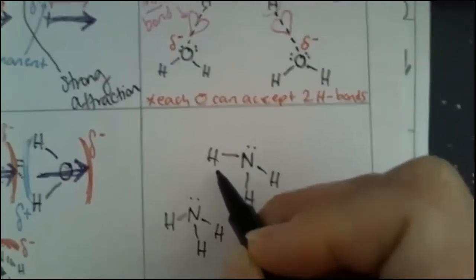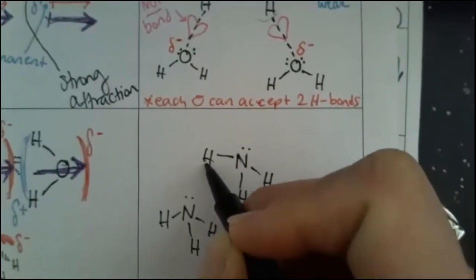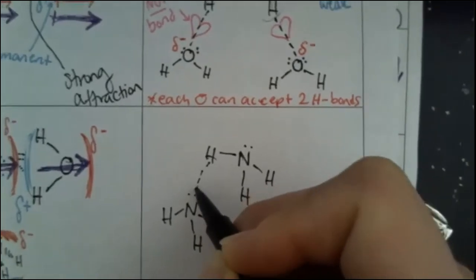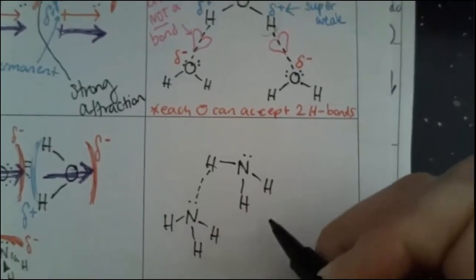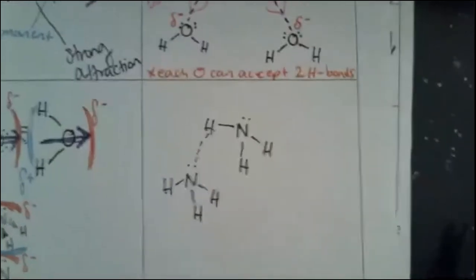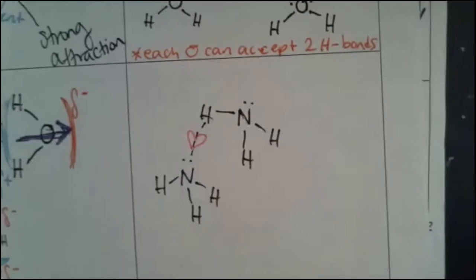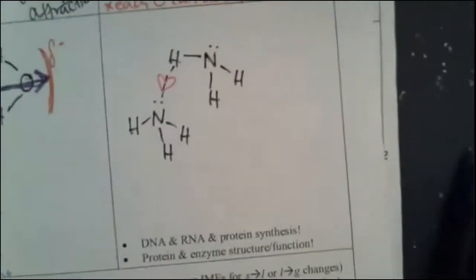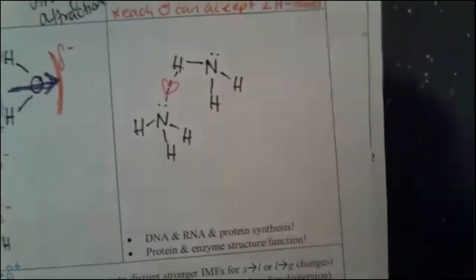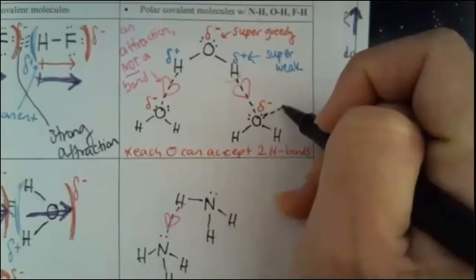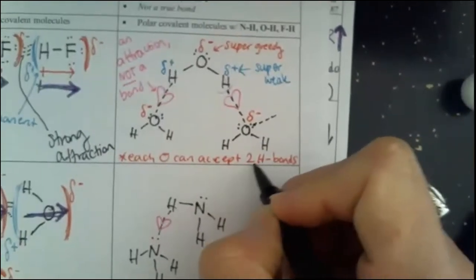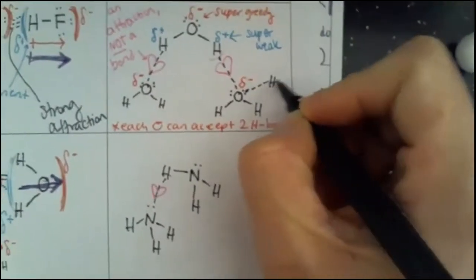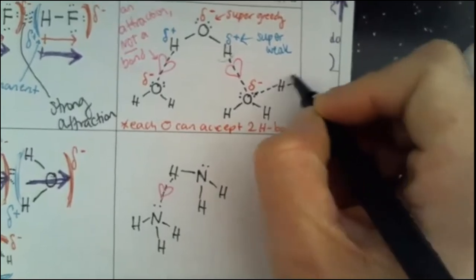Right, this hydrogen is covalently bonded to an N, O, or F. So that means it can attract via electrostatic force to another N, O, or F. But it's an attraction, not a true bond. We could draw another one over here for water to illustrate that each can accept 2 hydrogen bonds. Here's an HO, H over here again, and it goes on and on and on.